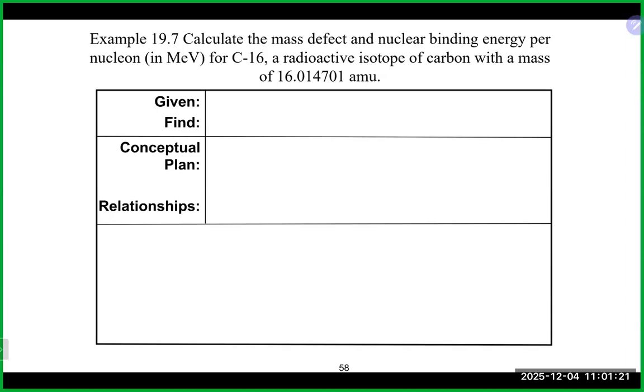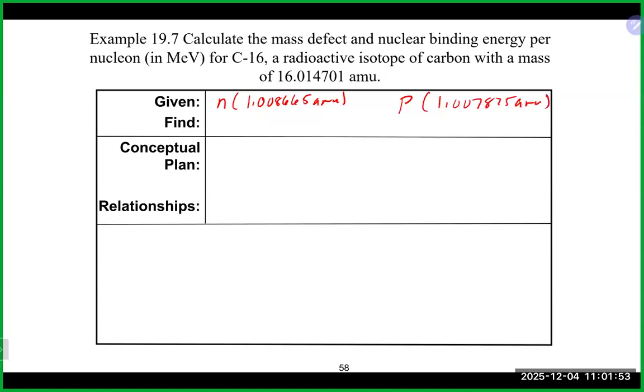Calculate the mass defect and binding energy per nucleon. And let's get you those numbers we used previously. Neutron 1.008665 AMU, and a proton was 1.007825 AMU.